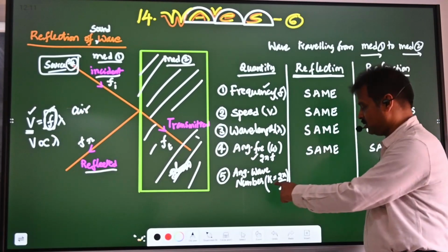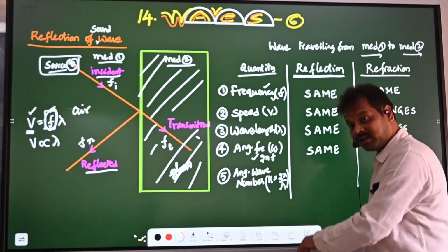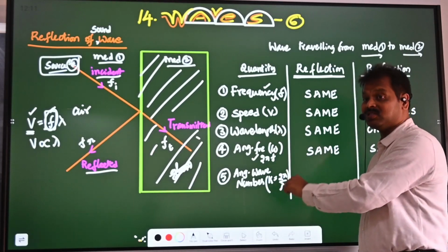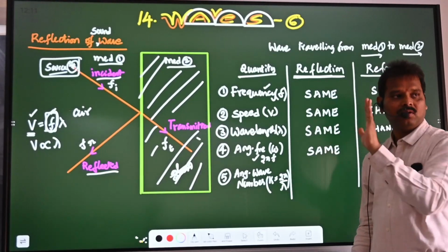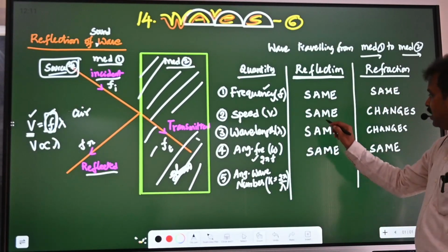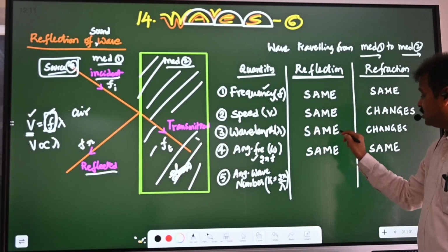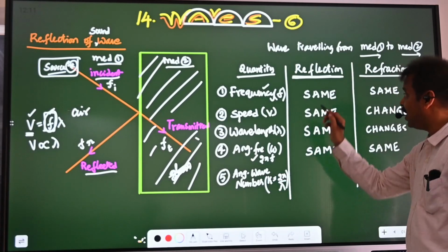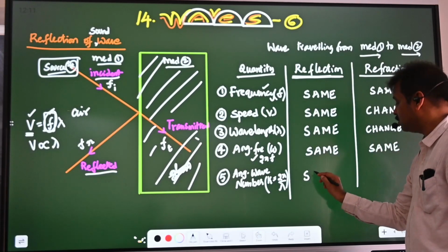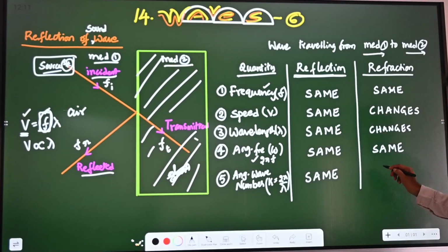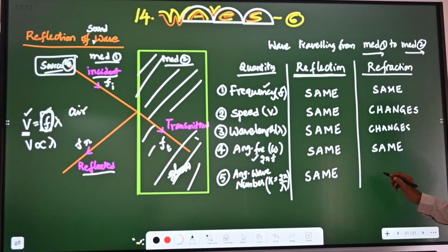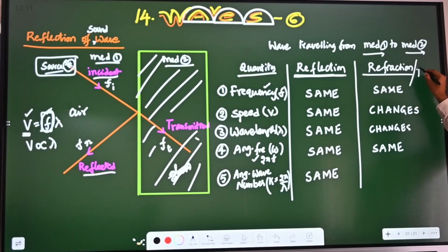Lambda increases, K decreases. If lambda decreases, K increases. It is actually inversely proportional to lambda. Here, wavelength same. And what about the K value for reflected wave? What happens to the K value for refraction or transmitted wave? What is this?